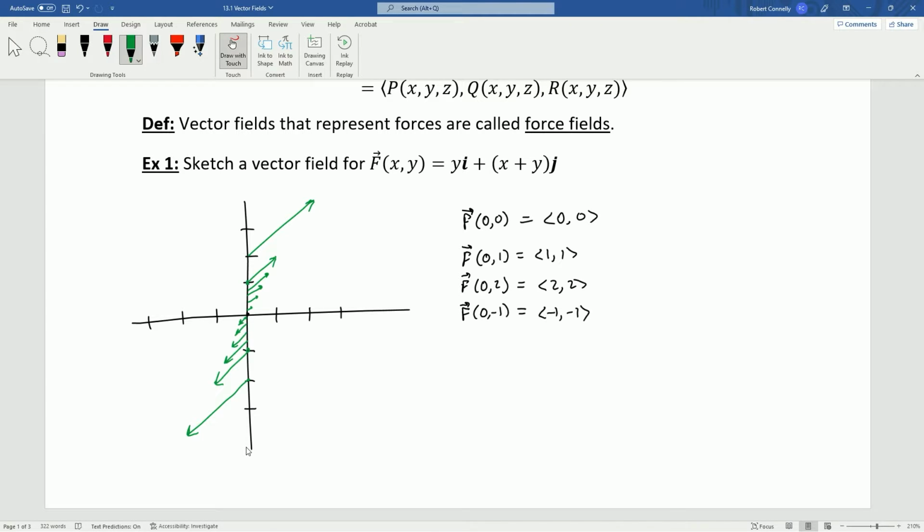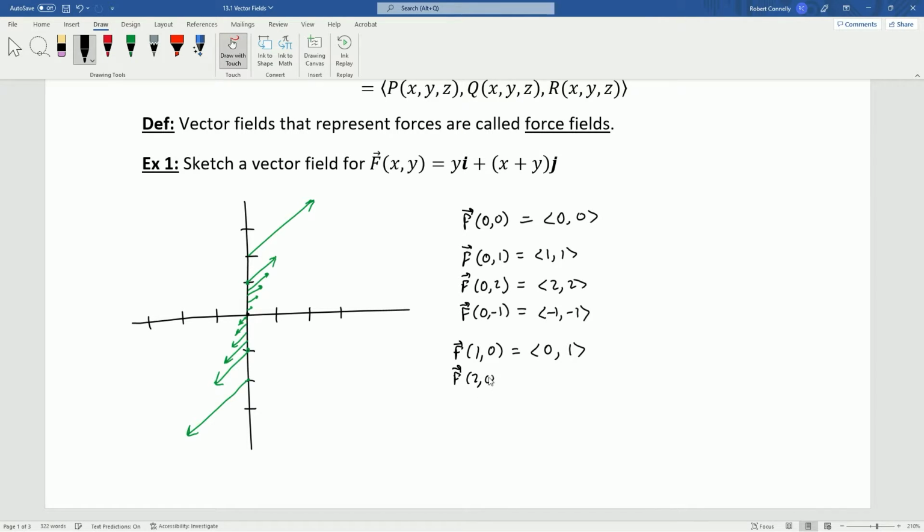Okay, so let's plot just a few more to see kind of what happens when we go left and right here. Now, of course, there's no rule that says you have to only plot things on the x or y axis. I just think that's a good starting point for getting a general idea of the vector field. So 1, 0 gives us what? We get 0, 1.